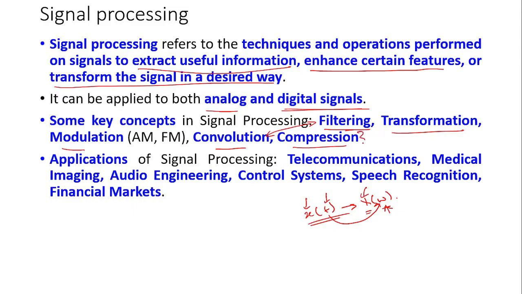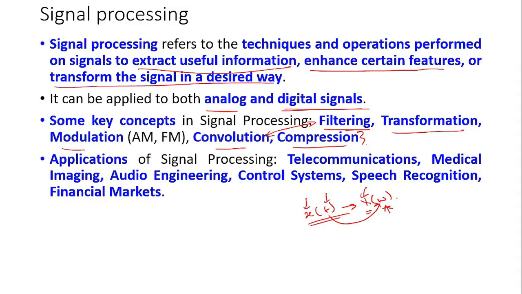Then compression. Suppose while you are recording, previously if we had to record a signal, it used to require a large space. Now what we need to do is compress the signal.